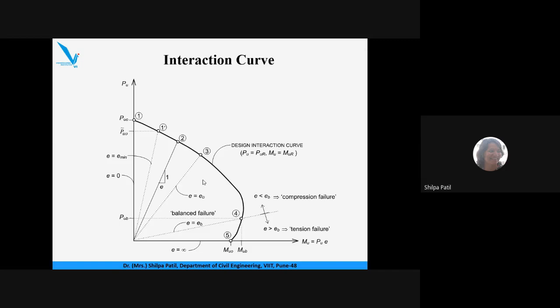Whatever design of column I'm going to teach you now will be based on the interaction curves only. I'm not going to solve any problem by making use of the equations. If you really want to see how columns are analyzed and designed based on the equations, you can refer to any book. But here I'm going to explain how to make use of the interaction curve for analyzing and designing the column.